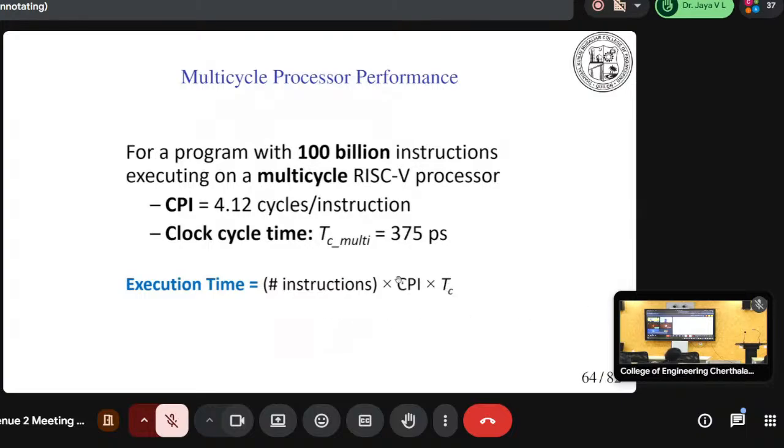So when calculating this, it will be around 150 seconds. Okay. So in the multi-cycle processor, 150 seconds, and in the single cycle processor, around 75 seconds.